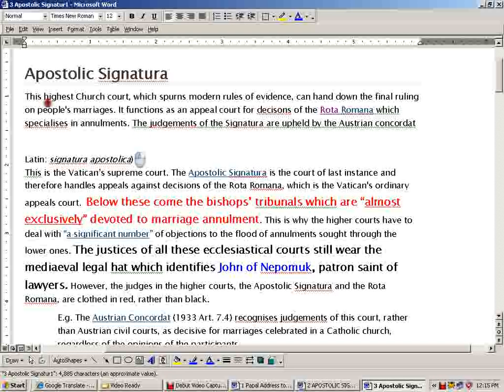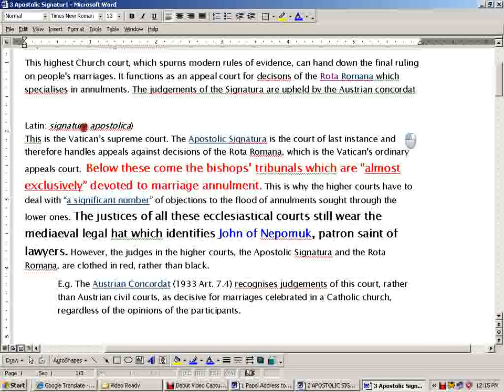This highest church court, which spurns modern rules of evidence, can hand down the final ruling on people's marriages, of course. It functions as an appeal court for decisions of the Rota Romana, which specializes in annulments. The judgments of the Signatura are upheld by the Austrian Concordat. This is the Vatican Supreme Court.